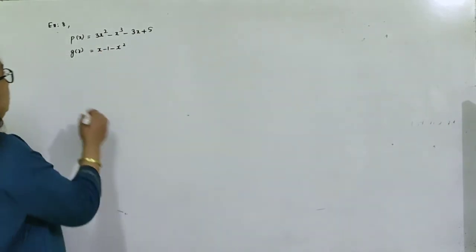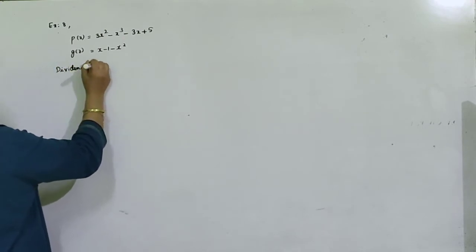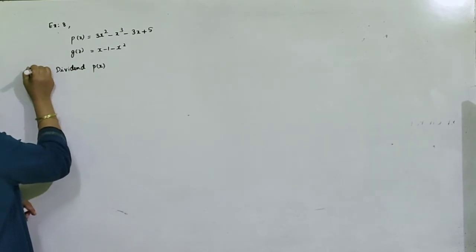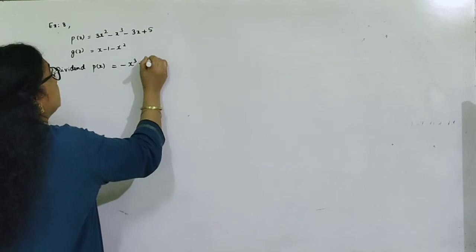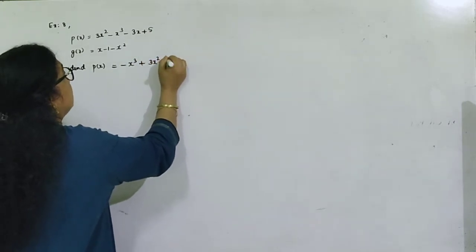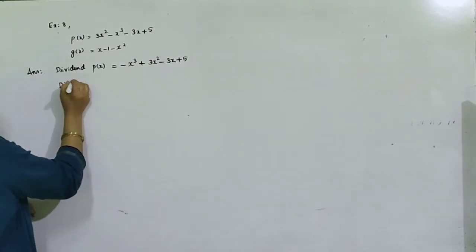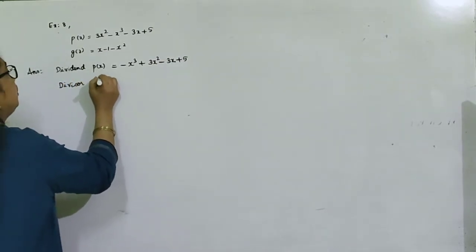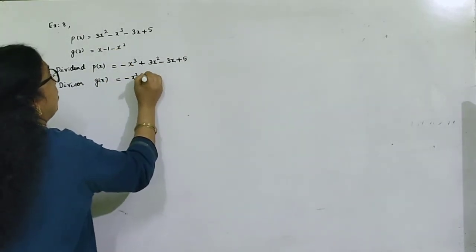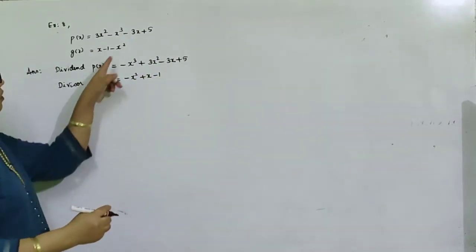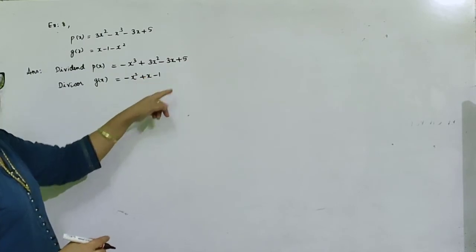So dividend p of x equals minus x cube plus 3x square minus 3x plus 5. Then divisor g of x equals minus x square plus x minus 1.